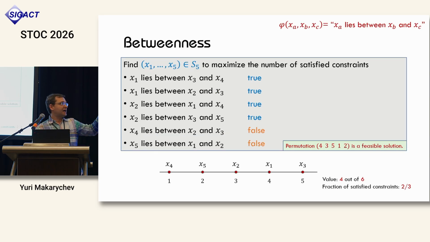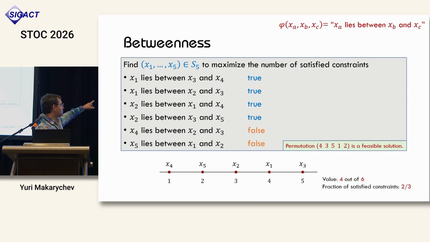And here's an instance of betweenness. We have 5 variables and 6 constraints. At the bottom of the screen, you can see a possible feasible solution. And it's not hard to see that in this specific example, 4 out of 6 constraints are satisfied.